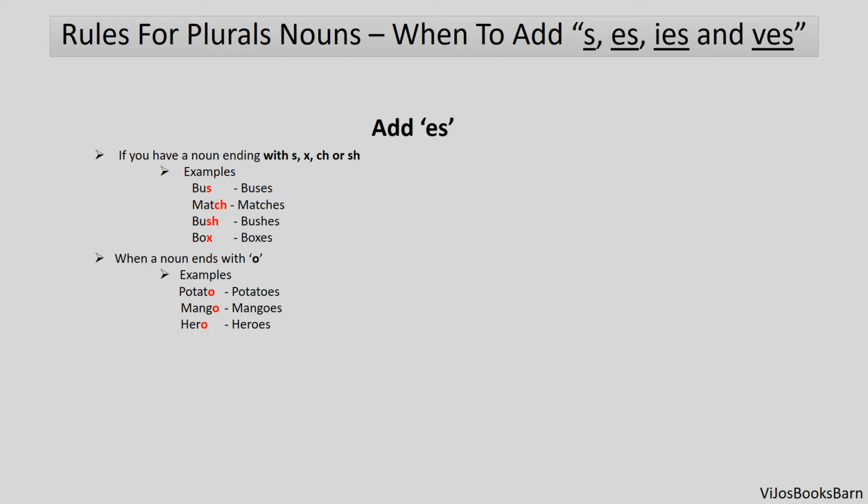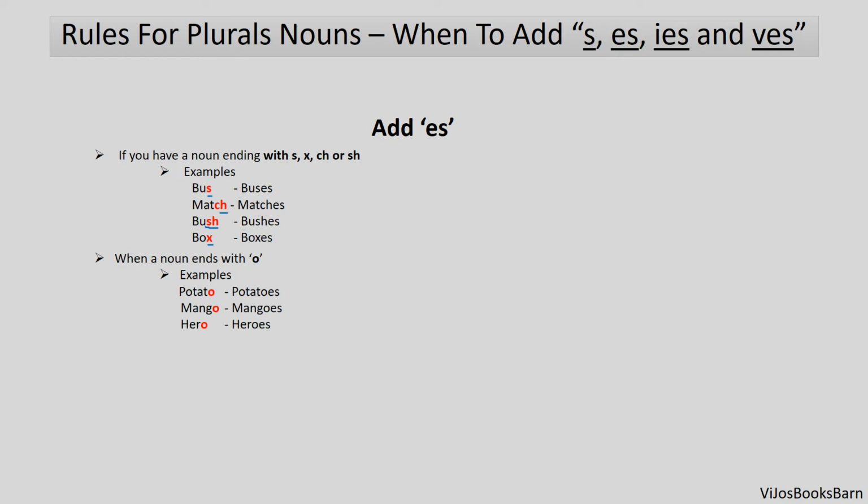Bus, which ends with s, match, which ends with ch, bush, which ends with sh, box, that ends with x. So add es to these nouns to make them plural.